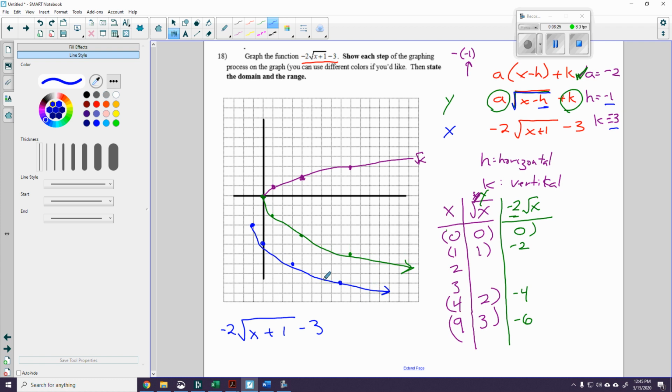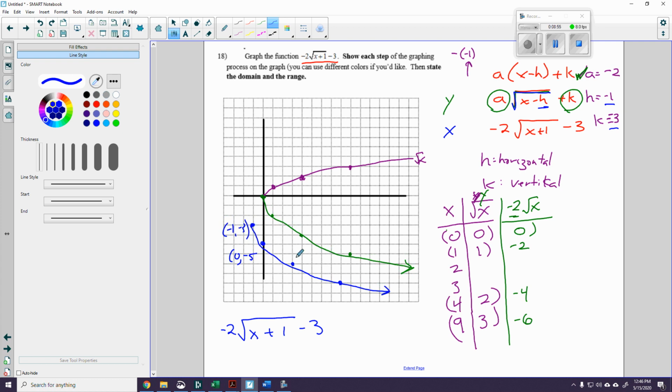Good idea to label some of these points. This point right here is the point -1, -3. This point right here is the point 0, -5.